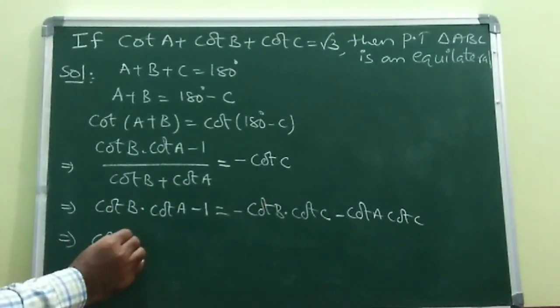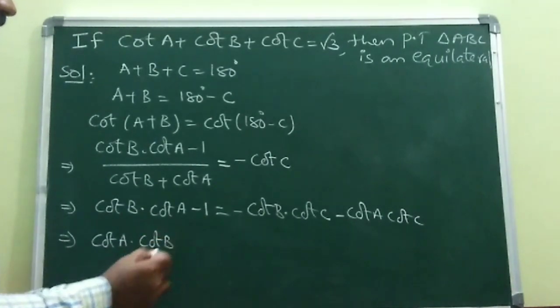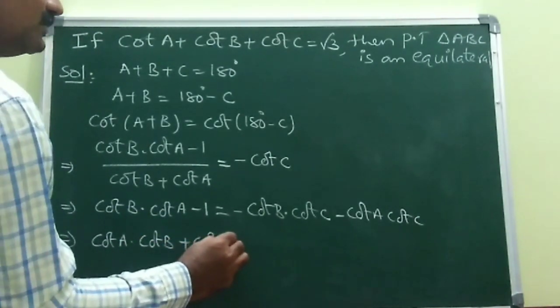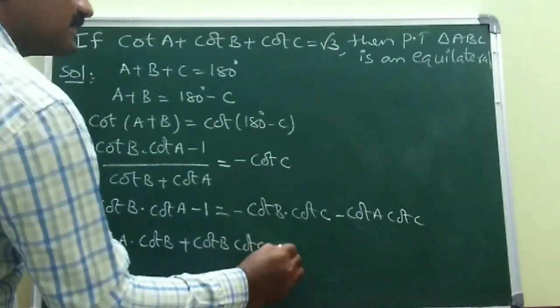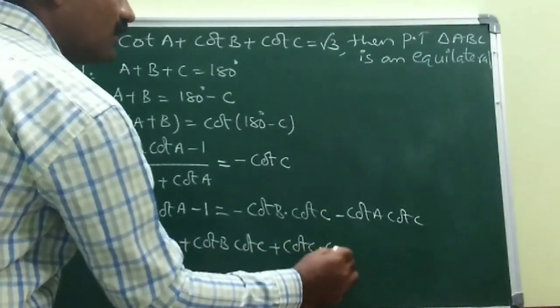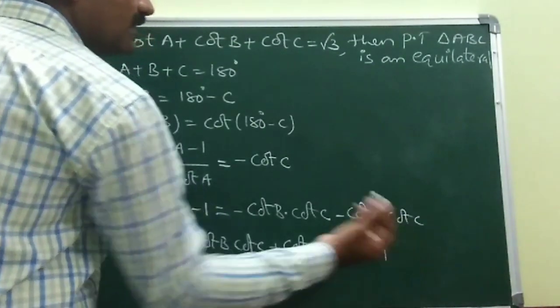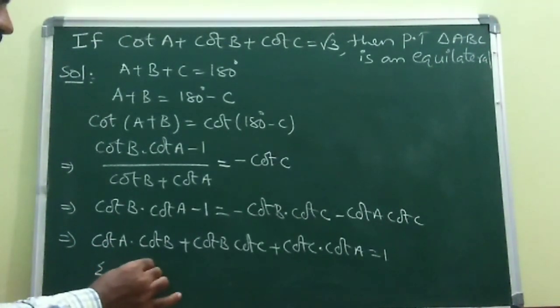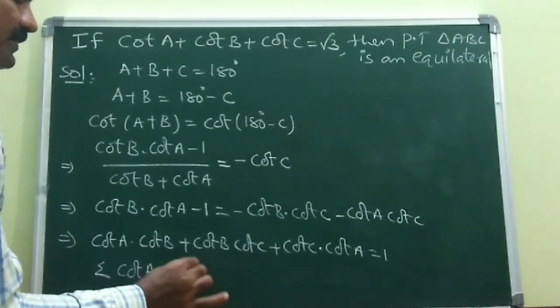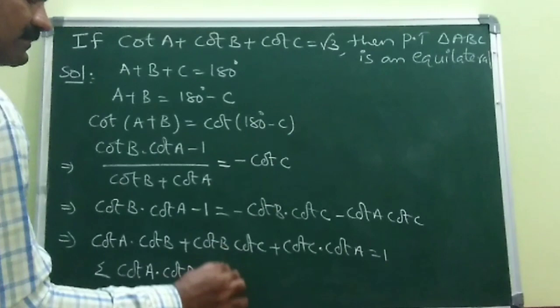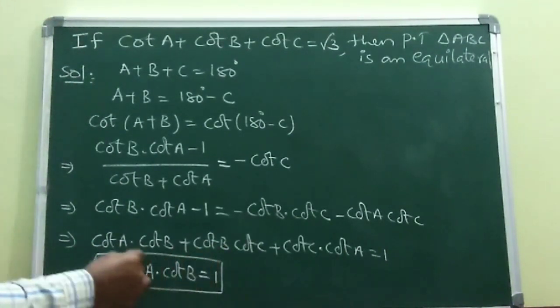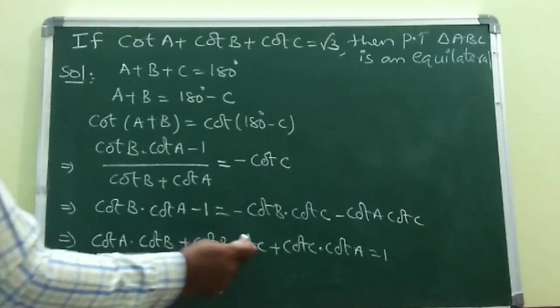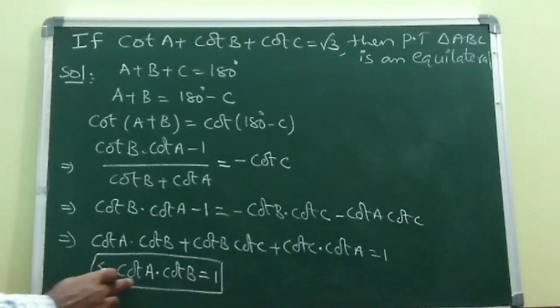Hence this is cot A into cot B plus cot B into cot C plus cot C into cot A, which is equal to 1. Isn't it? So this is nothing but sigma cot A into cot B, which is equal to 1. So shortly I can write it in sigma notation: AB plus BC plus CA, sigma cot A into cot B, which is equal to 1.